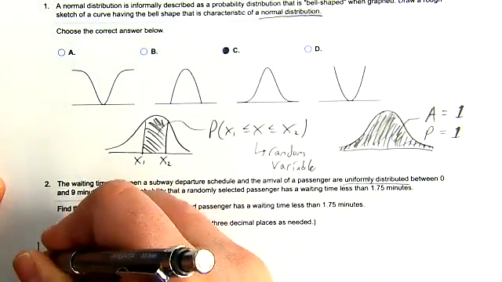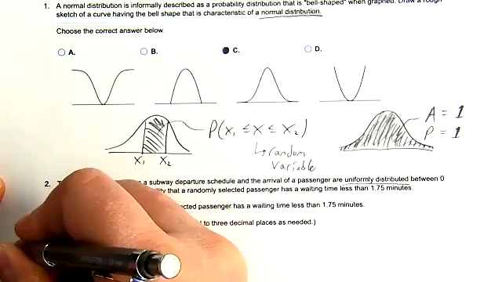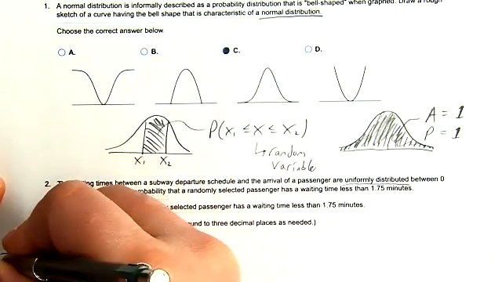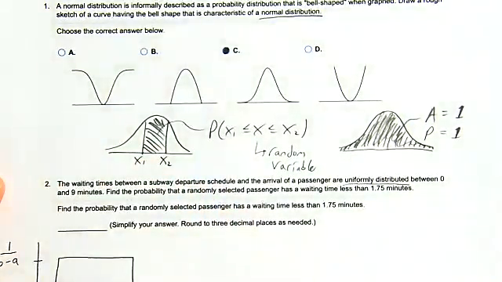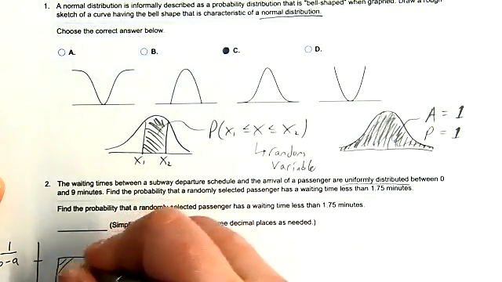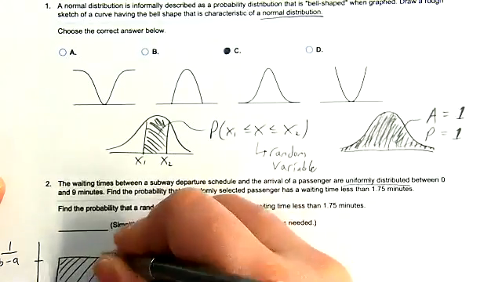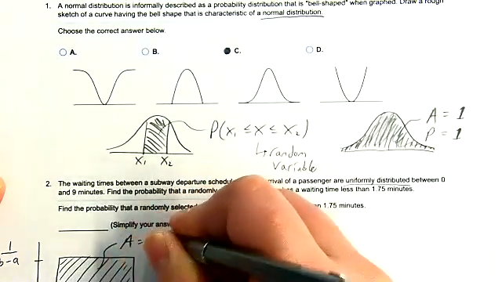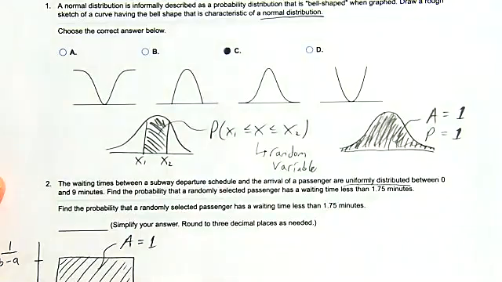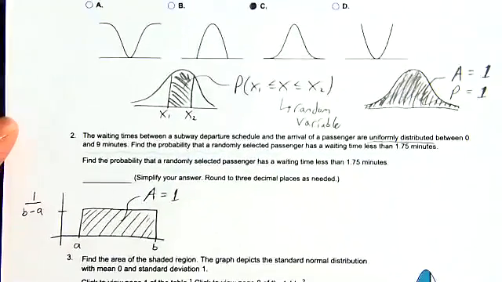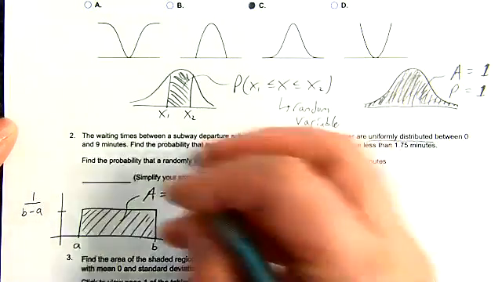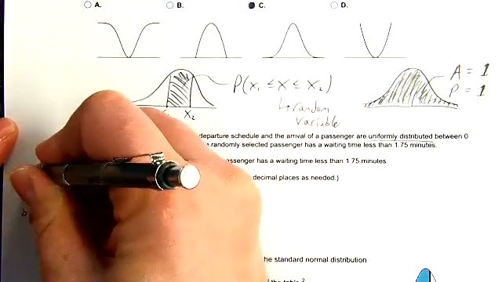The height of this rectangle has to be 1 divided by B minus A. And if you look at the area of this whole thing, this area equals 1. This is called the uniform distribution.